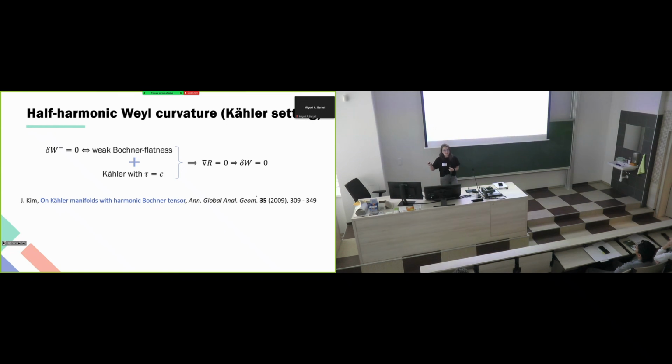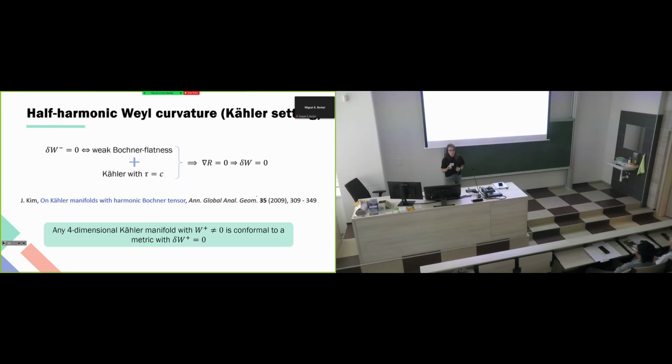So all of them have harmonic Weyl curvature, so they automatically are half-harmonic anyway. And moreover, we know that any four-dimensional Kähler manifold with non-vanishing self-dual Weyl curvature is conformal to a metric with half-harmonic Weyl curvature.